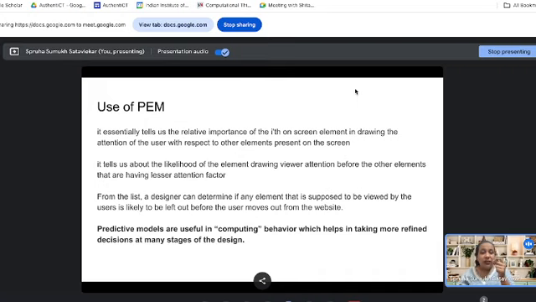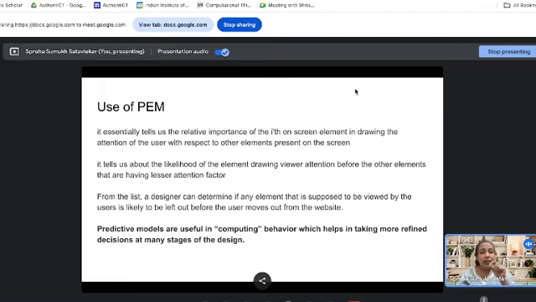So that's why it is an F pattern that we follow, not an F pattern like this, an F pattern like this that we follow while watching a screen. So that becomes the descriptive model for me, right? So I can use this description and arrange something like that. But how does a predictive model help me?